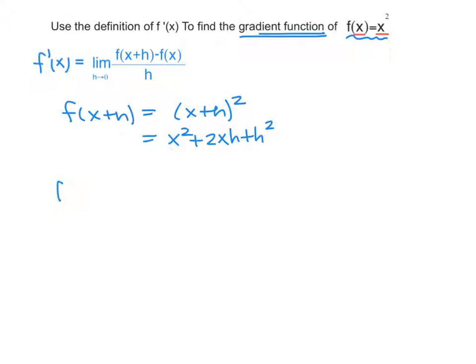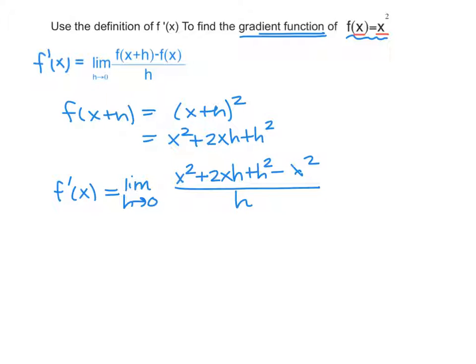So derivative is equal to limit as h goes to 0 of f of x plus h minus f of x over h. What we just found is x squared plus 2xh plus h squared minus x squared all over h. Limit as h goes to 0, x squares will cancel out, and you're left with 2xh plus h squared.